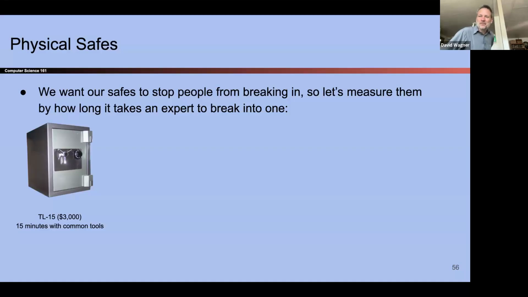Any ideas why we care about how long it takes to break in? Why not TL infinity, or TL a year or something like that? You might lock yourself out.